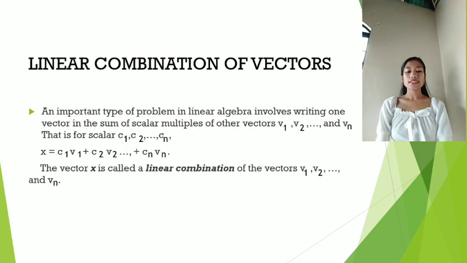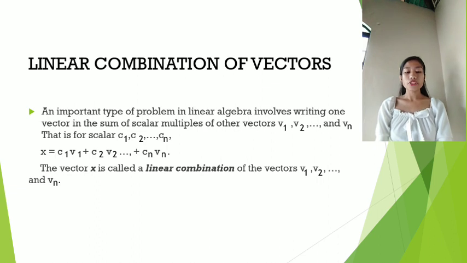Next, we will discuss the linear combination of vectors. It is an important type of problem in linear algebra. It involves writing one vector as the sum of scalar multiples of other vectors v sub 1, v sub 2, and v sub n.